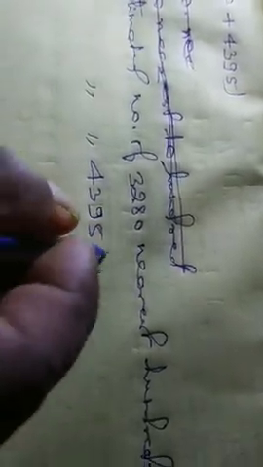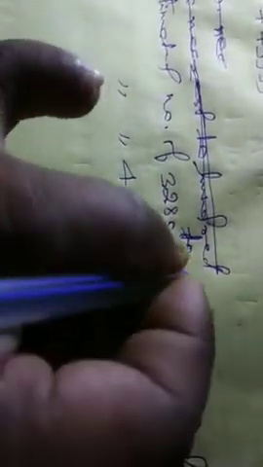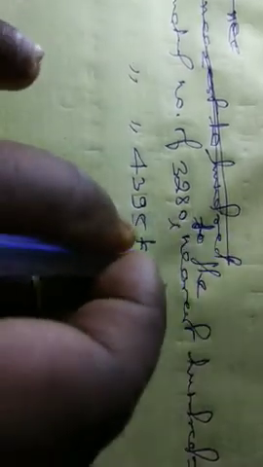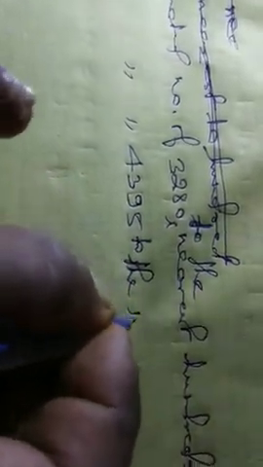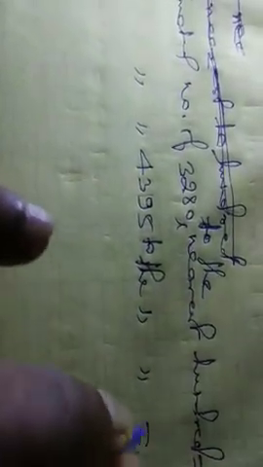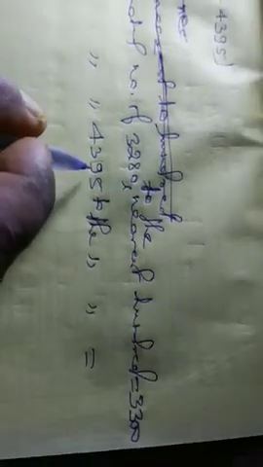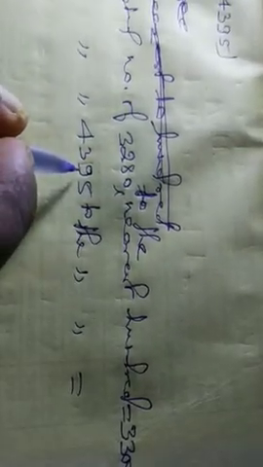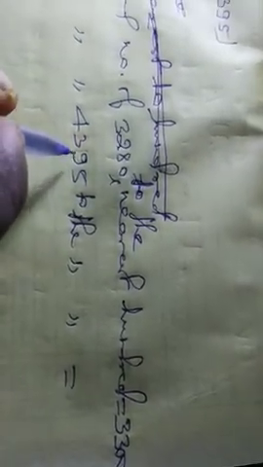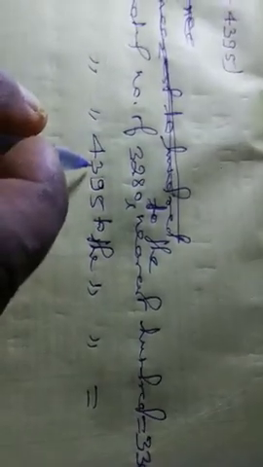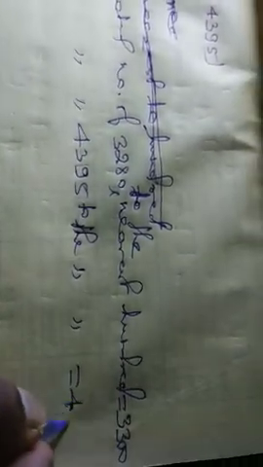Estimated number of 4,395 to the nearest 100 equal to 1 10 100. Digit at 100 place is 3. Before 100 place digit 9 is lying between 5 to 9 range. So 3 converts into 4. 4,400.